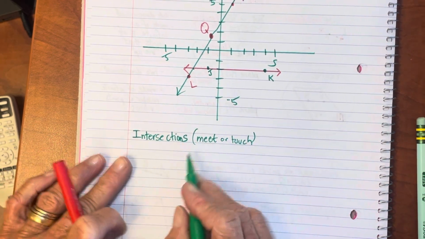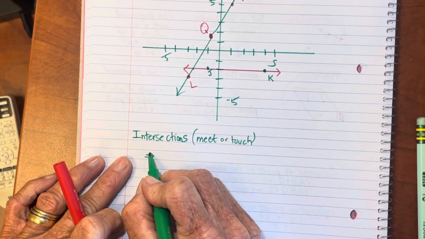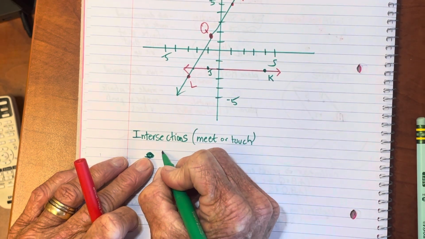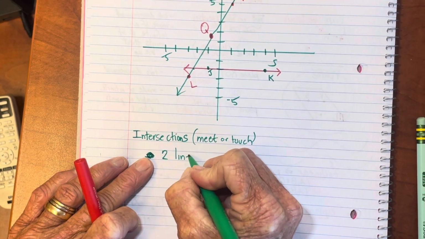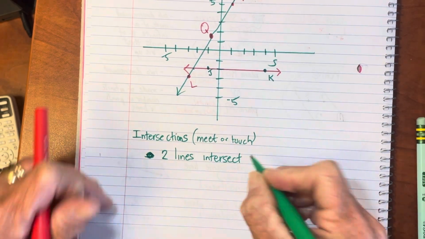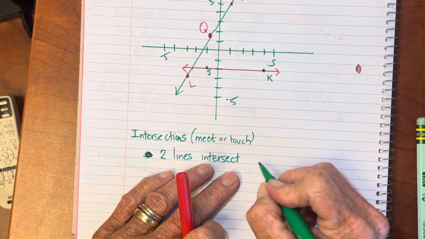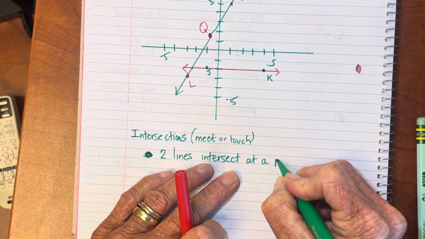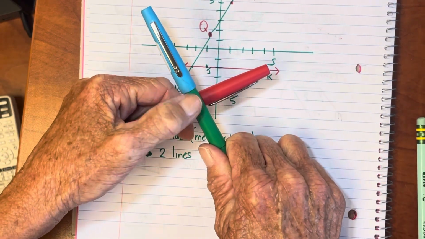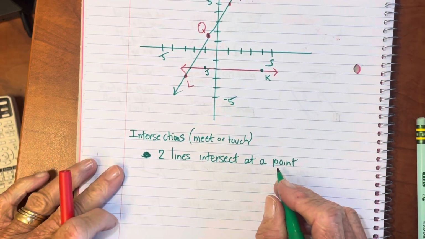Okay? So intersections. If two lines intersect, where are they going to meet? Or what is formed where they meet? They intersect at a point, right? Those two pins cross, right there where they meet is going to be a point.